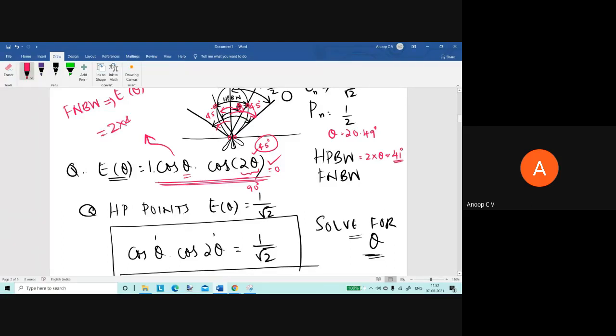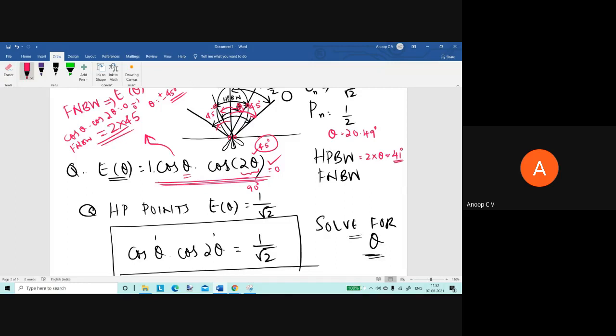2 into 45 degrees. In the exam, how you should write it: at the first null, cos theta times cos 2 theta is equal to 0, which implies theta equals the first null point. The second null will come when theta equals 90 degrees. So the first null happens at theta equal to plus or minus 45 degrees, and the first null beam width is 2 times 45 degrees.